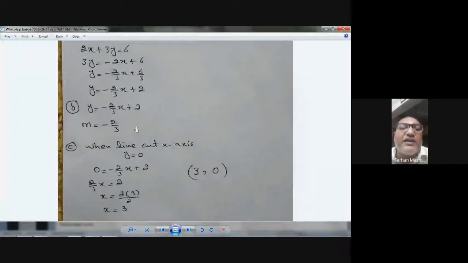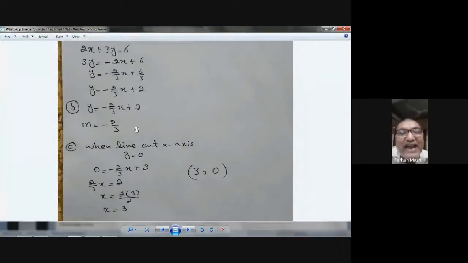The third part, question number 9C part, he says, find the coordinates of the point at which the line cuts the x-axis. So remember, whenever an equation of the line is given and you want to find out the coordinates of the points when it cuts the x-axis, remember to write this thing: when the line cuts the x-axis, the y will be 0.